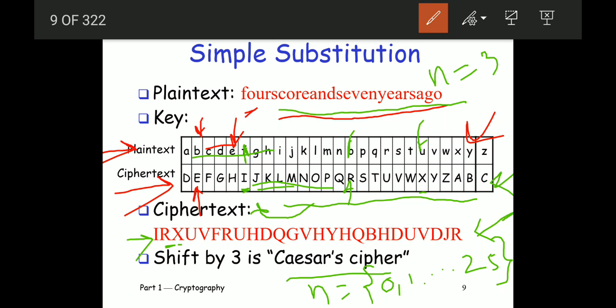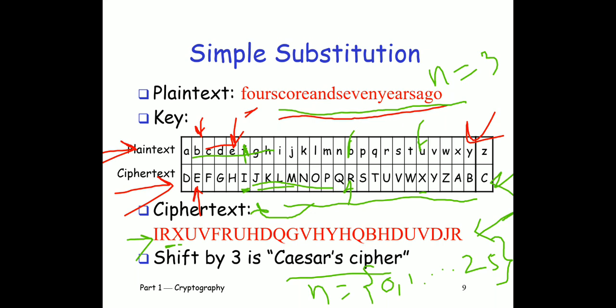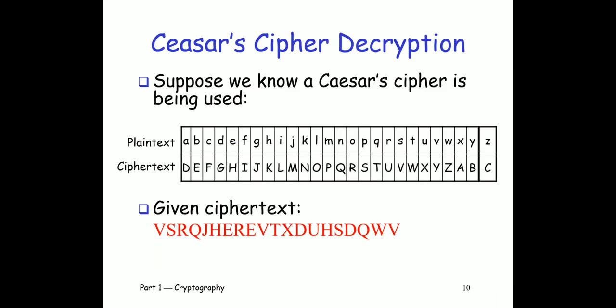So now the intruder can intercept the ciphertext message, and she can suspect that it was encrypted with a simple substitution cipher using a shift by n.